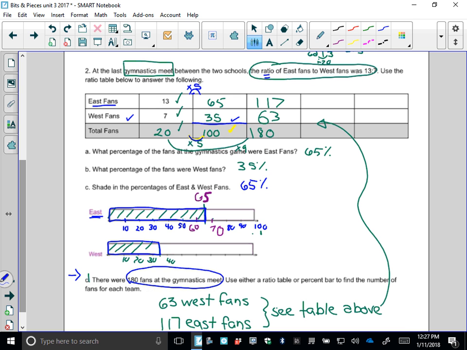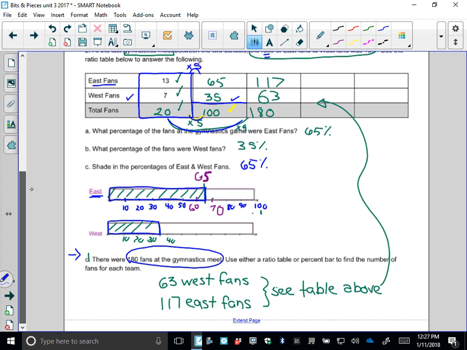So if we start with that ratio here, we could either work within the table and get to 180 by multiplying that 20 by 9, or we could restart the problem and just put East fans to West fans to total. Sometimes starting in a new table makes it easier for some people.